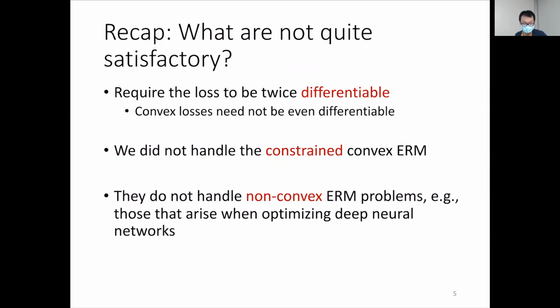They also do not handle the case when the empirical risk minimization problem has non-convex losses with respect to the parameters. This excludes the whole useful family of deep neural networks from being privately trained using these two approaches.